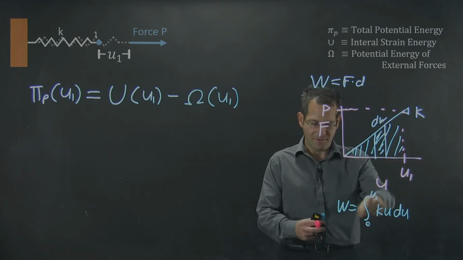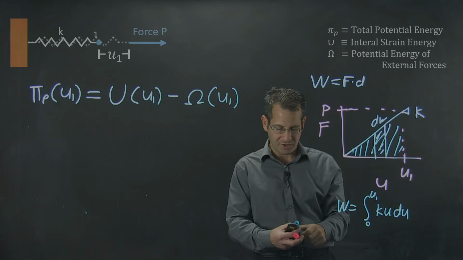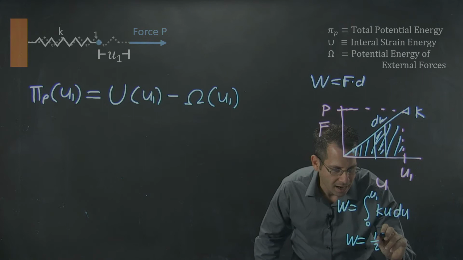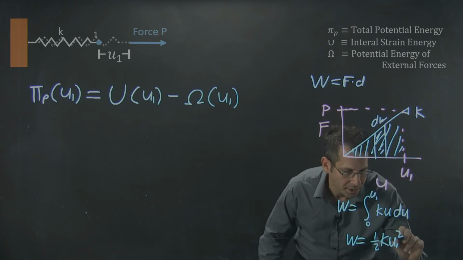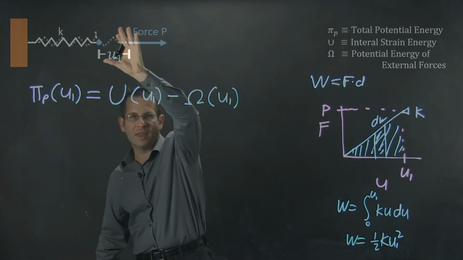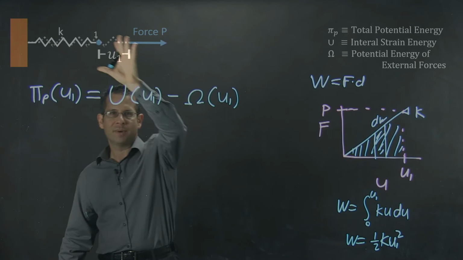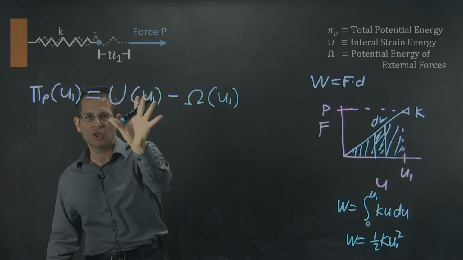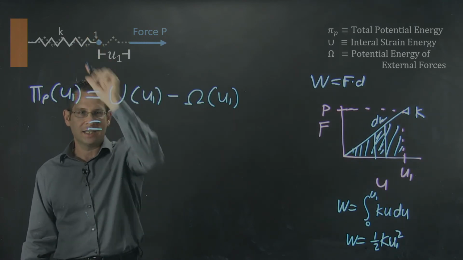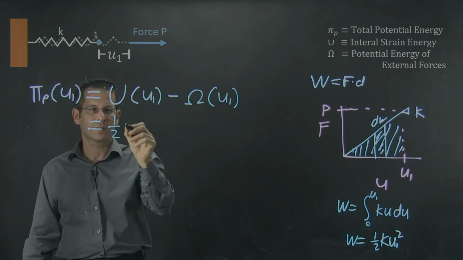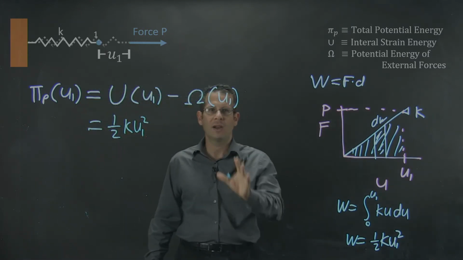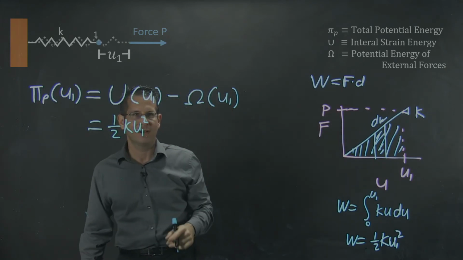All right? Well, if I evaluate that integral, or if I just look at the geometry of the problem, I can see that this work is equal to 1/2 K U1 squared. And that work was done on the system. That work is now stored in the potential energy of the system as the internal strain energy. So I will say that my internal strain energy in this system is 1/2 K U1 squared.